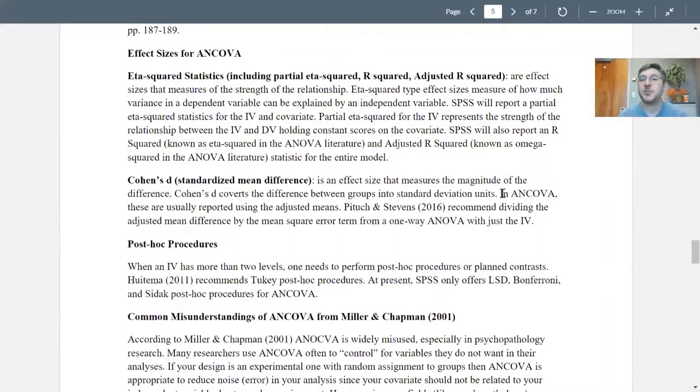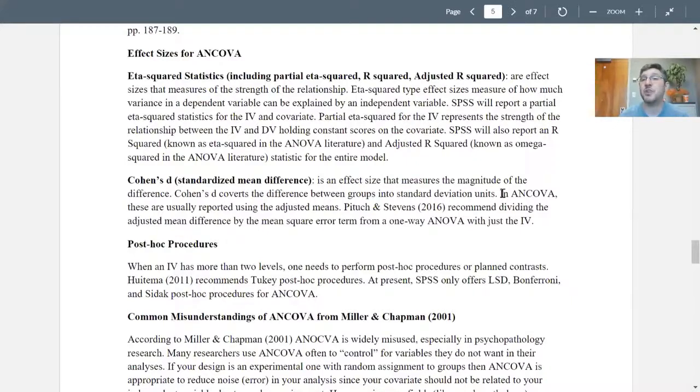So SPSS will report a partial eta squared for both the independent variable and the covariate. And these both represent the strength of relationship for each one of those variables. So for the independent variable, it represents the strength of association between the independent variable and the outcome, holding constant scores on the covariate.